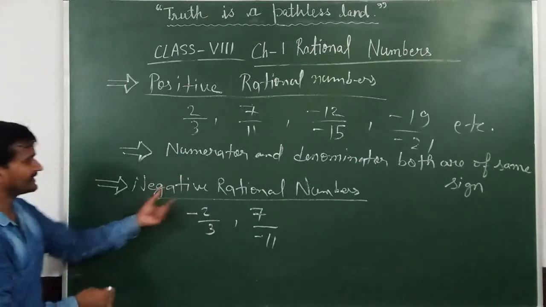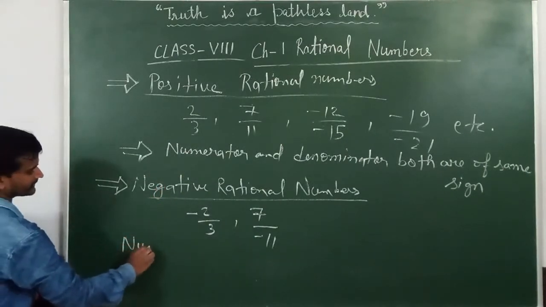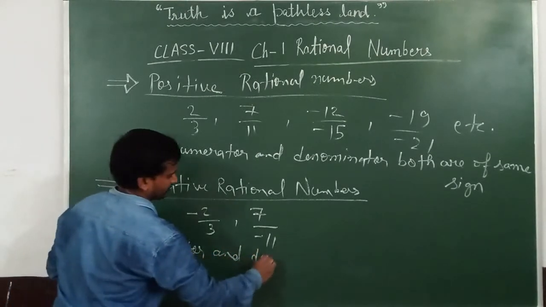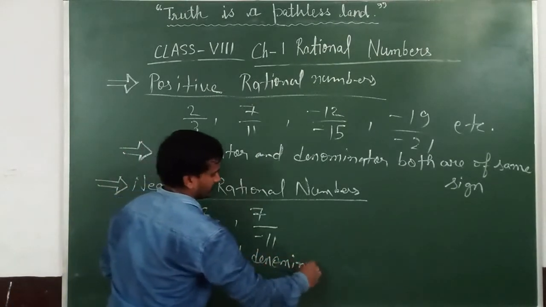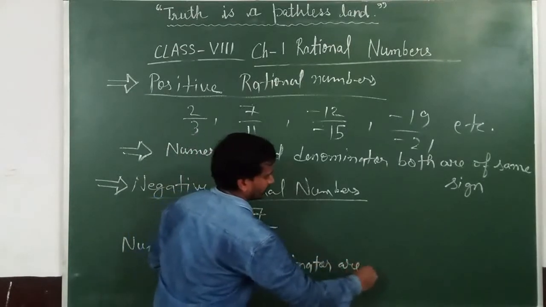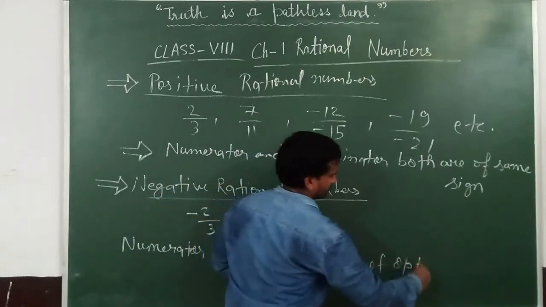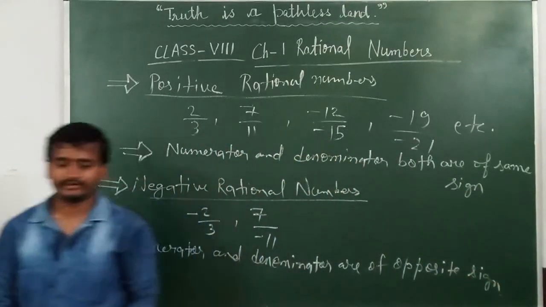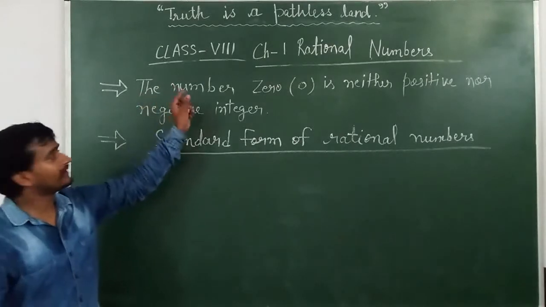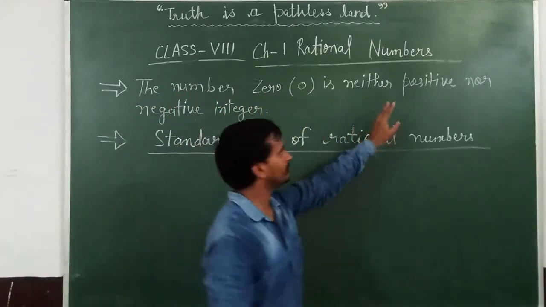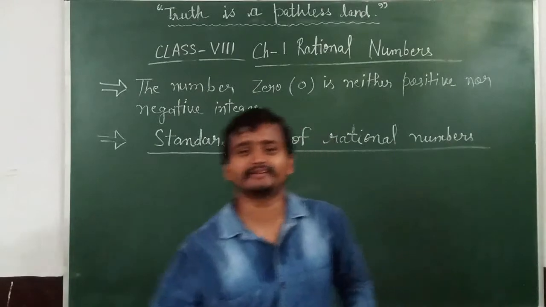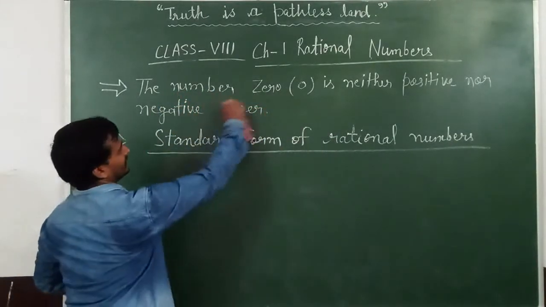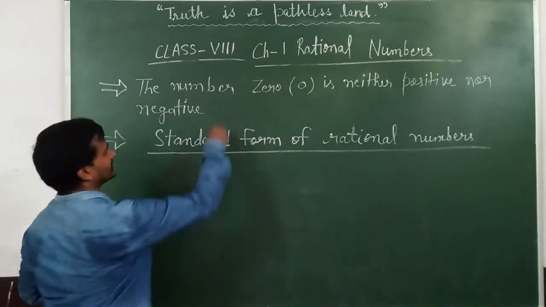And in a negative rational number, numerator and denominator are of opposite sign. The number 0 is neither a positive nor a negative rational number, as it is not a positive or negative integer, so we can say neither positive nor negative rational number.